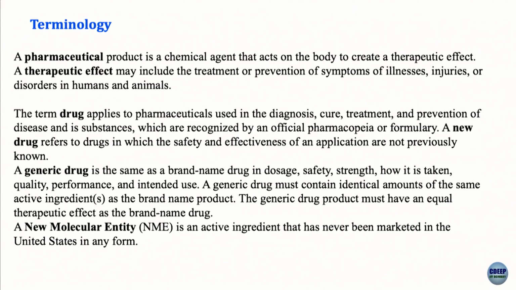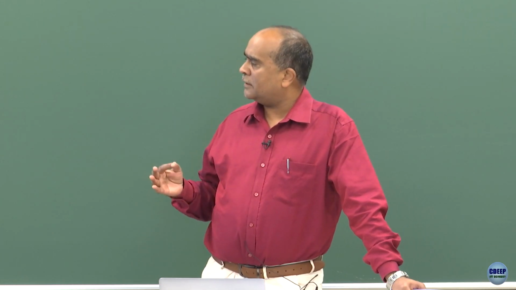The term drug, like commonly we use drug in good sense, not in bad sense. Bad sense also has similar effect, but a drug sense applies to any pharmaceutical product that is used for diagnosis, treatment, prevention of any indication that we call.